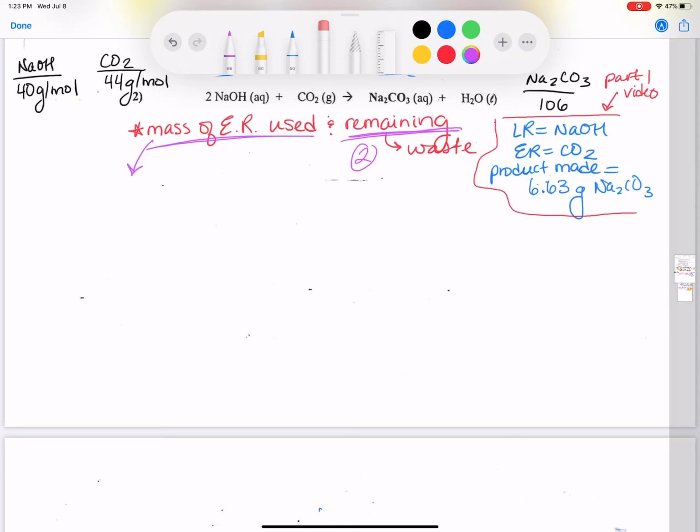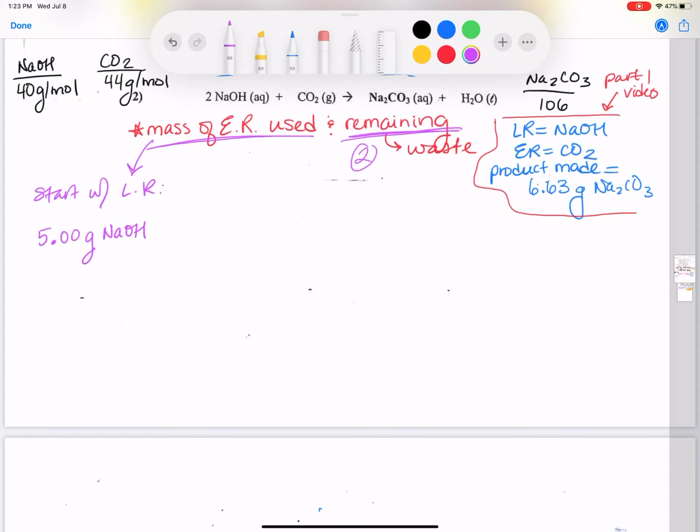In order to do that, you have to go back and focus on your limiting reactant. You always start with the limiting reactant. And so my limiting reactant in this particular question was my sodium hydroxide, NaOH. And I had to begin with 5.00 grams of NaOH.